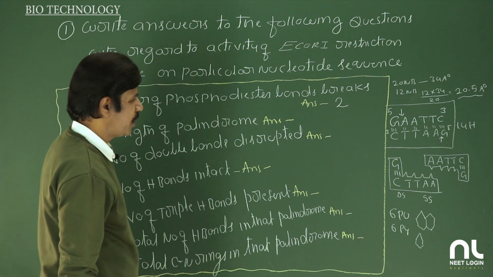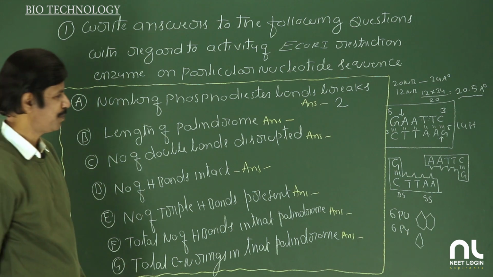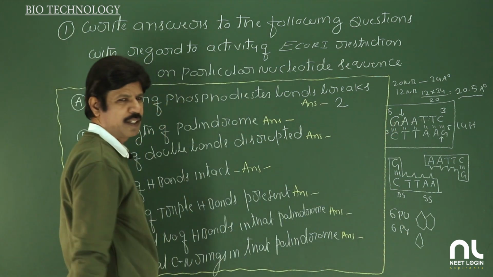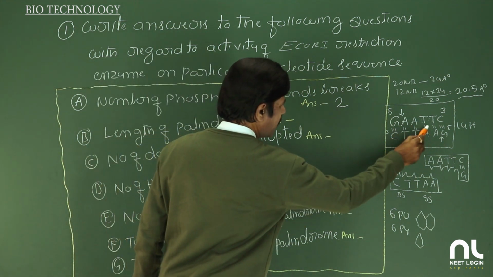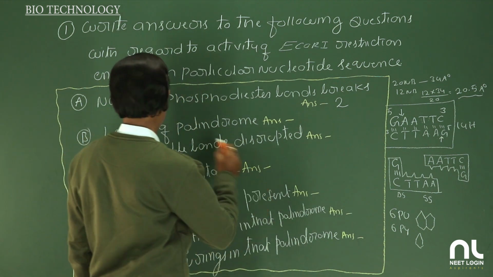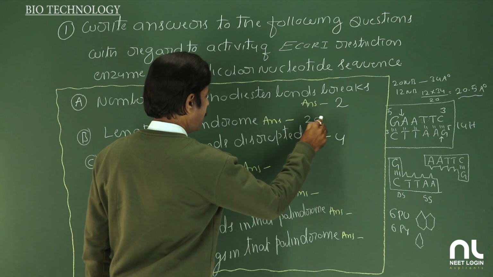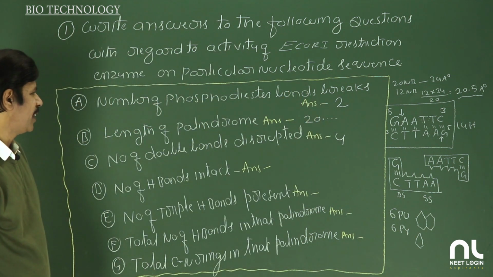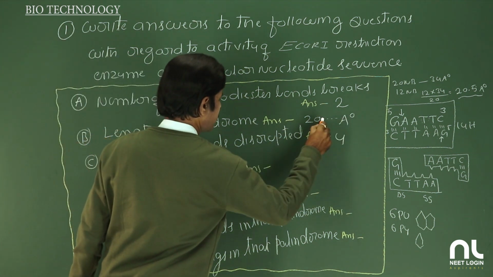And with regard to this, the number of double bonds disrupted: adenine, adenine, thymine, thymine, 1, 2, 3, 4. The 4 double bonds are disrupted. Length of palindrome is in angstroms.